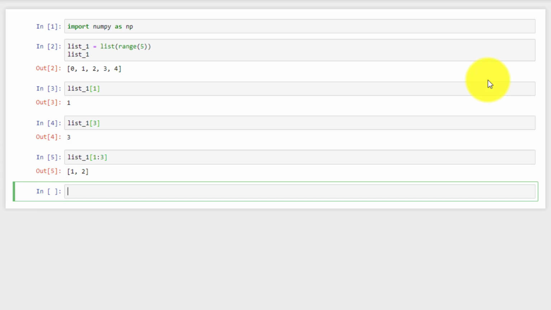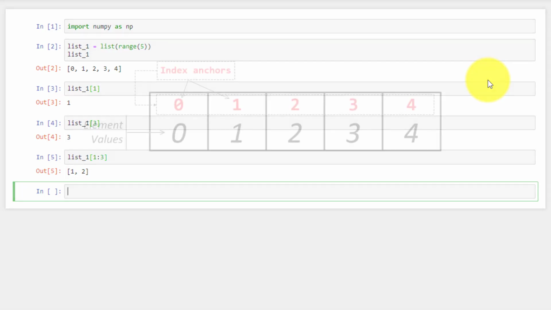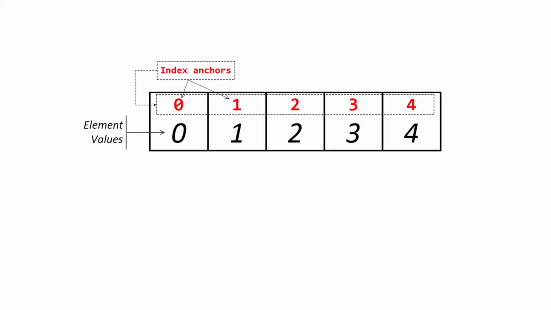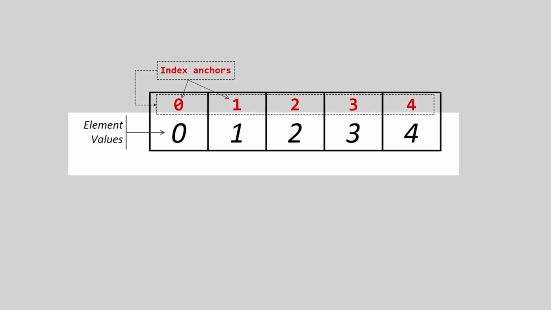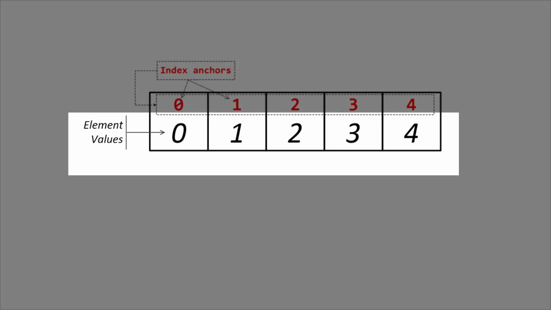How come? To better understand index, let me introduce the index notation. As you can see, this is the same list that I created just now. The big font numbers in the box are the element values. For instance, integer 0 in the first box, integer 1 in the second box, and so on and so forth.